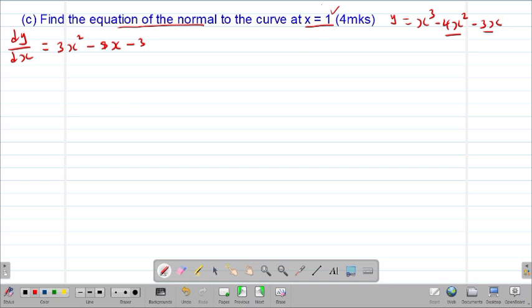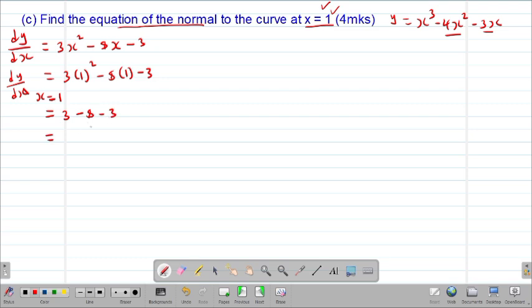So at this particular point, we need to get the gradient. So dy/dx at the point when x equals 1 will be equal to 3 into 1 squared, then minus 8 into 1, then of course minus 3. So this will become 3 minus 8 minus 3.